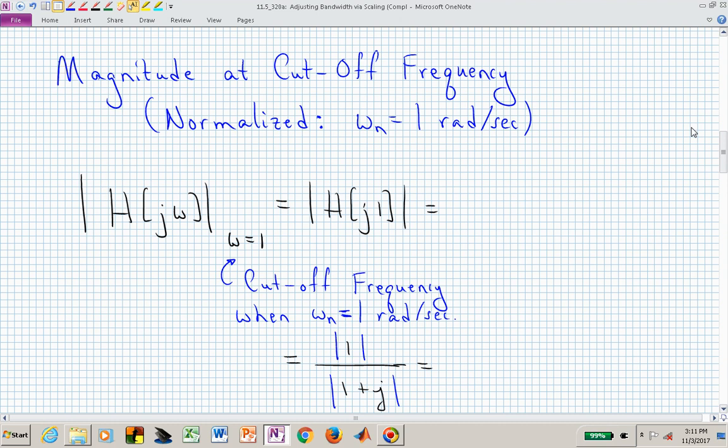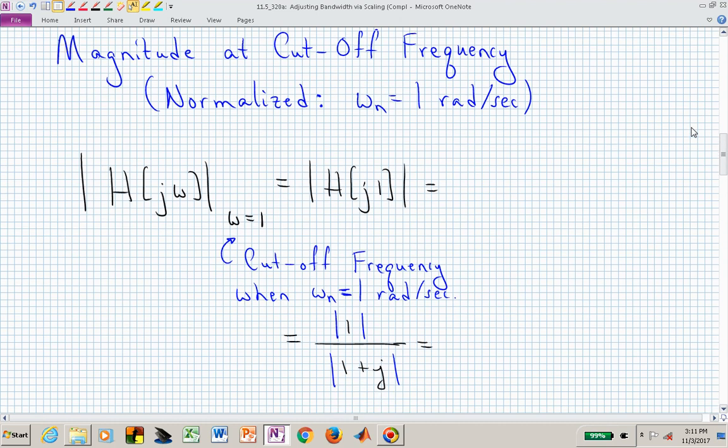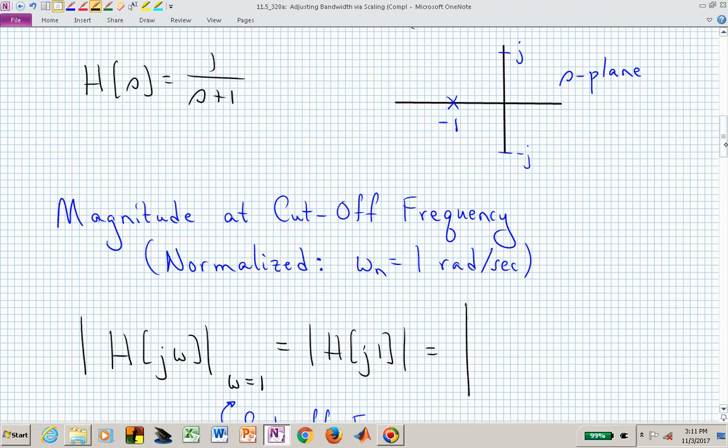That's the magnitude of H of j1. We're looking at the magnitude of H of j omega evaluated at omega equal to 1, and H of j omega was just 1 over j omega plus 1.